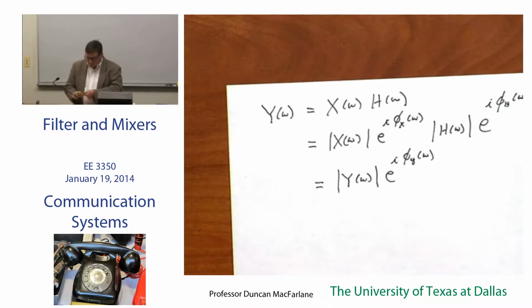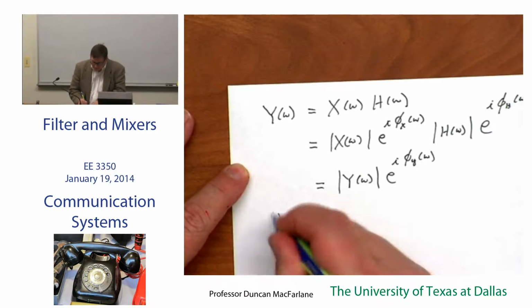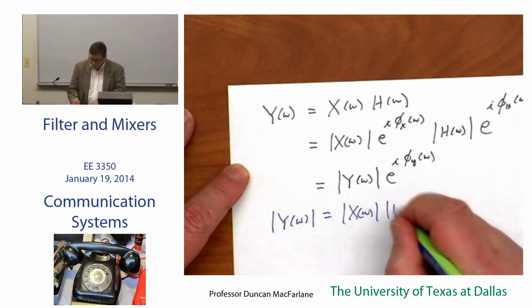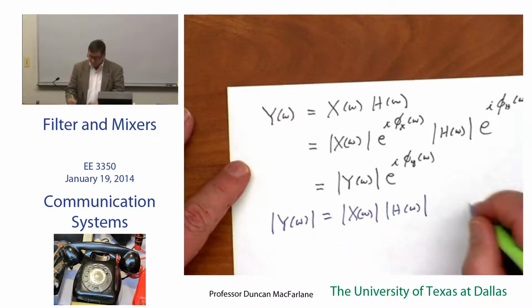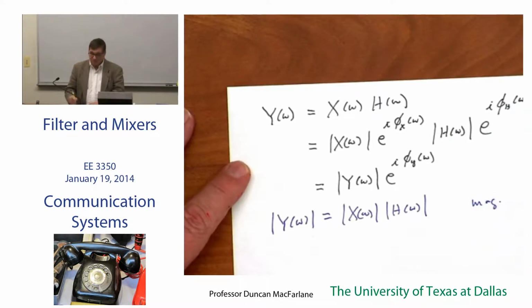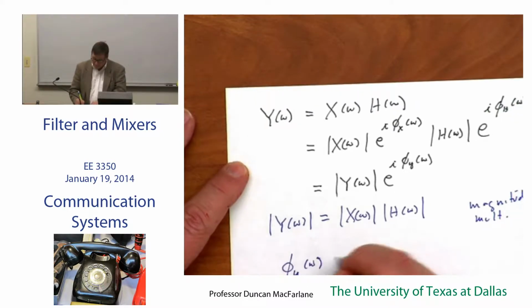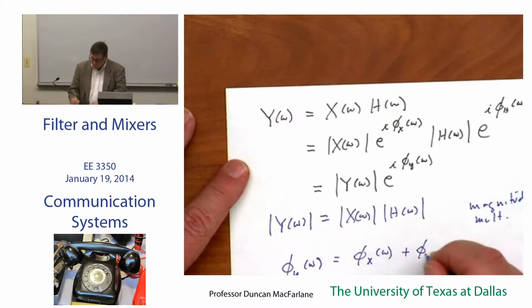But what this tells me is two things. The magnitude of Y of omega is equal to the magnitude of X of omega multiplied by the magnitude of H of omega. And phi Y of omega is equal to phi X of omega plus phi H of omega.